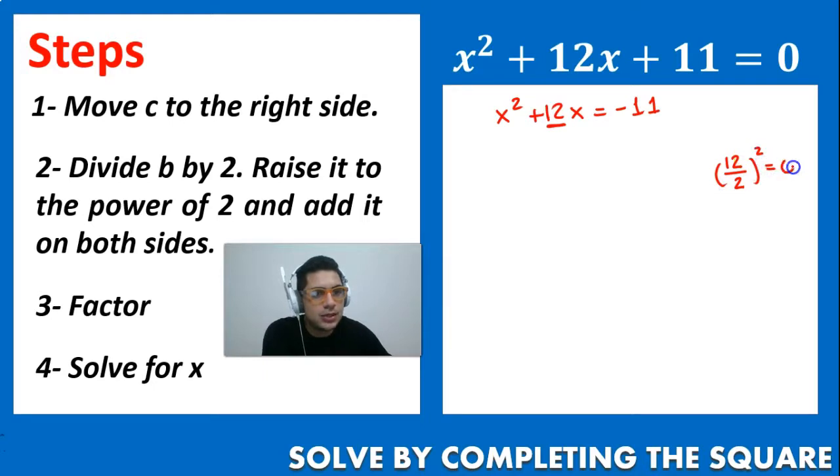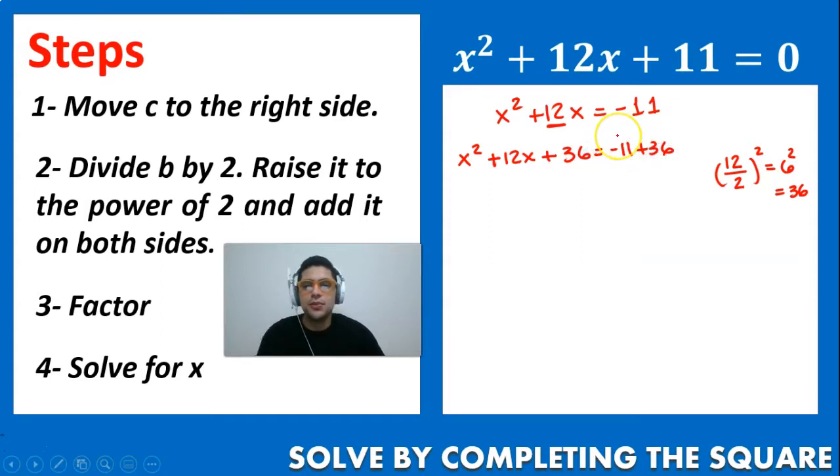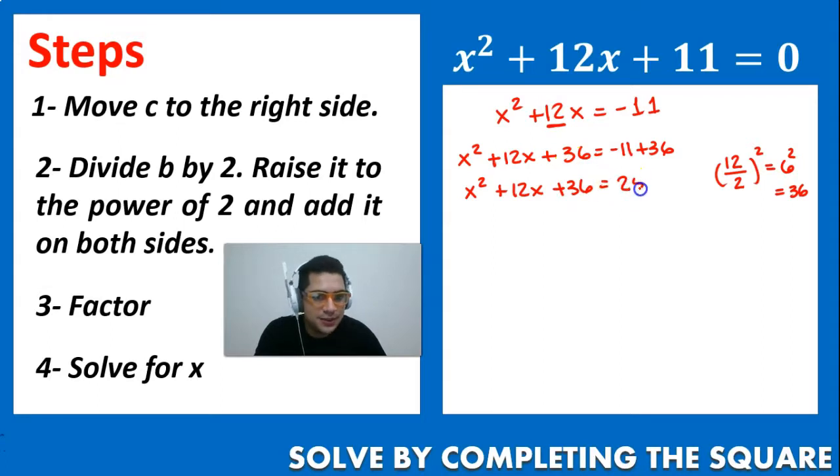So that is going to be 6 to the power of 2, which is 36. And we're going to add it on both sides. So we're going to get x squared plus 12x plus 36 is equal to minus 11 plus 36. Now, when we do that, we're going to solve minus 11 plus 36, and we're going to factor. So we have x squared plus 12x plus 36 is going to be equal to 25.